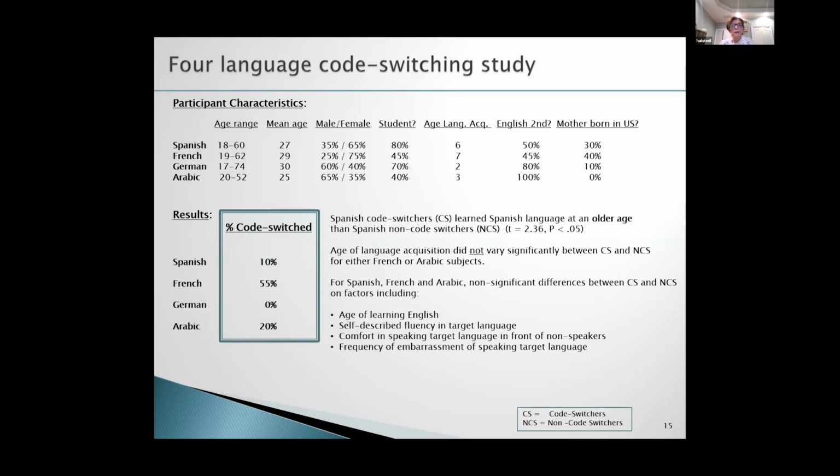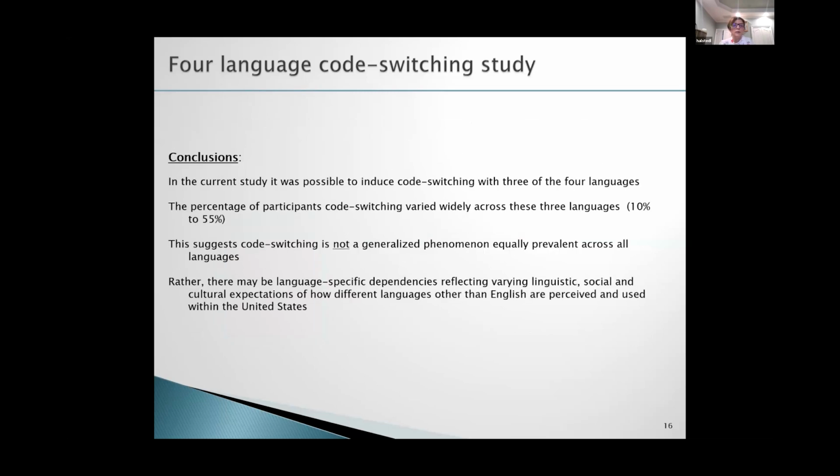So the question was, why do Germans not code switch? As a conclusion for that study, we found that all the different languages, Arabic, French, and Spanish, were likely to code switch. The percentage ranged from 10 to 55%, but the only language that did not code switch was German.